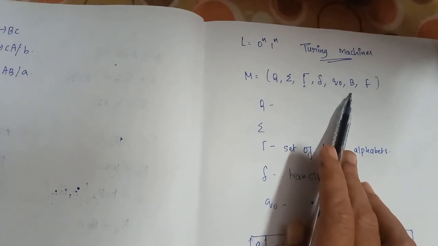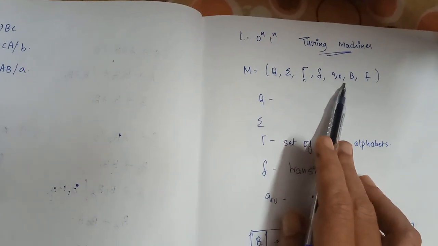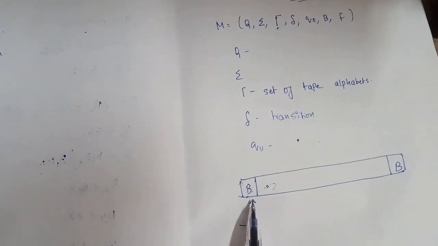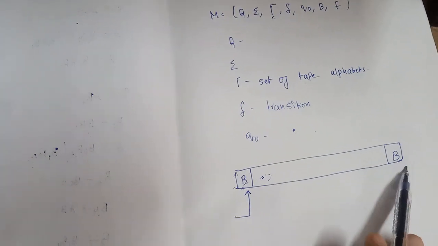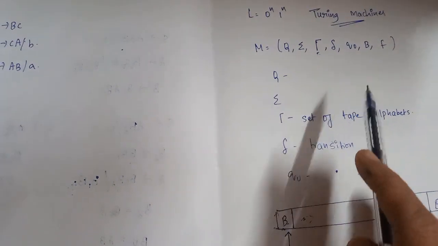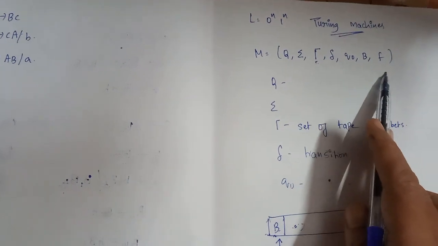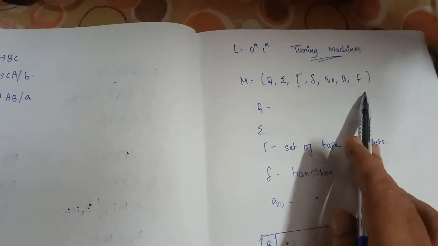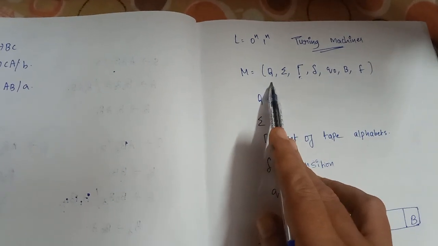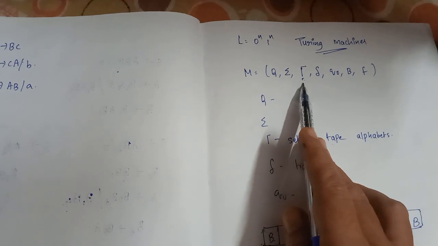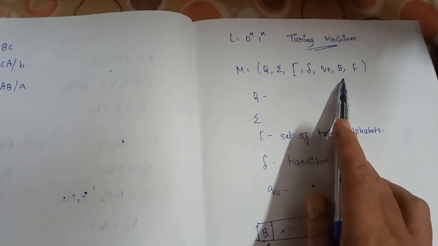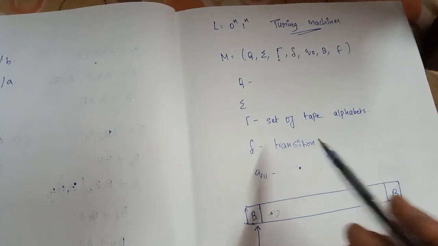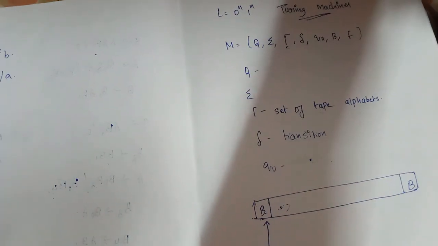B represents the blank symbol present in the tape, marking the starting and ending of the tape. And F is the final state. So a Turing machine is represented with a 7-tuple notation, same as a pushdown automata. The difference is we use tau as the tape symbol and B as the blank symbol. Other than that, the rest is the same.